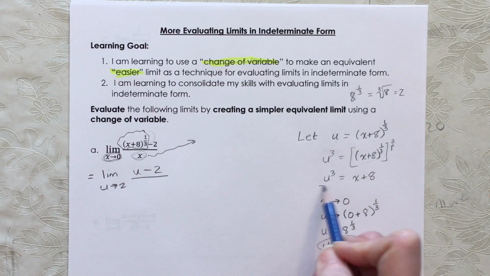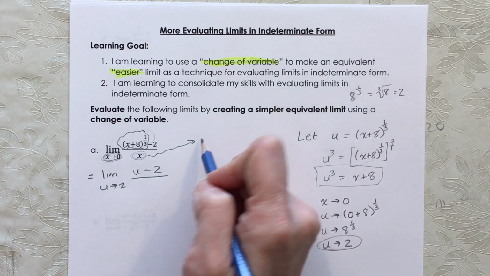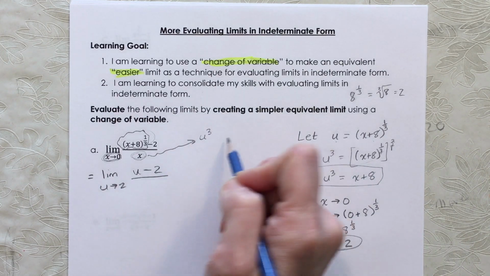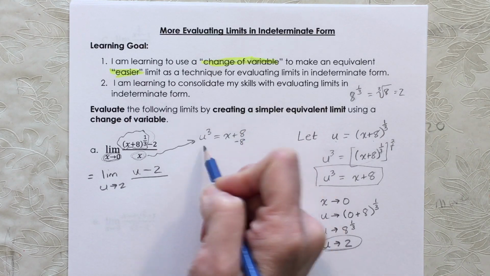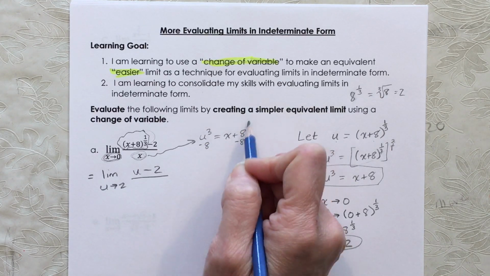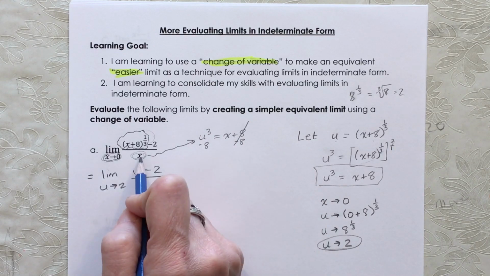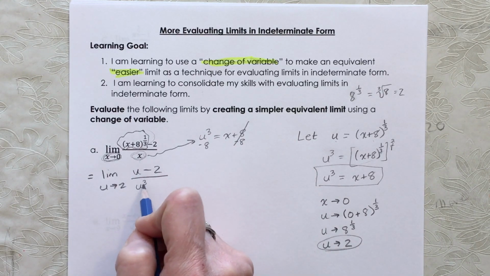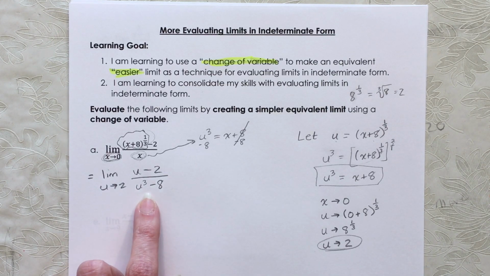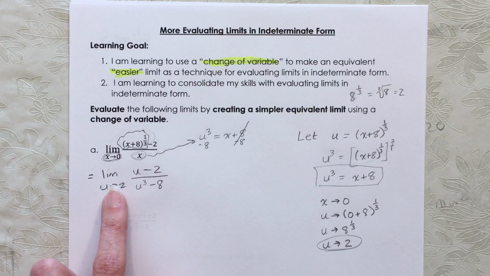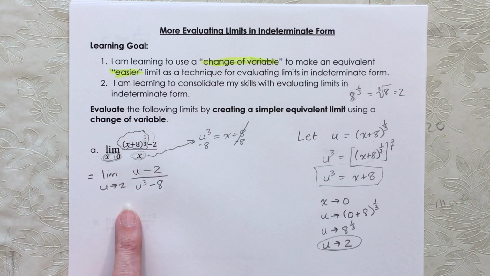Well, we have this box that told us that u cubed was equal to x plus 8. So if we subtract 8 on both sides, we get that x is u cubed minus 8. So this is called a simpler equivalent limit. This whole limit is now changed from being in terms of x to being in terms of u, and it's an easier limit to solve.